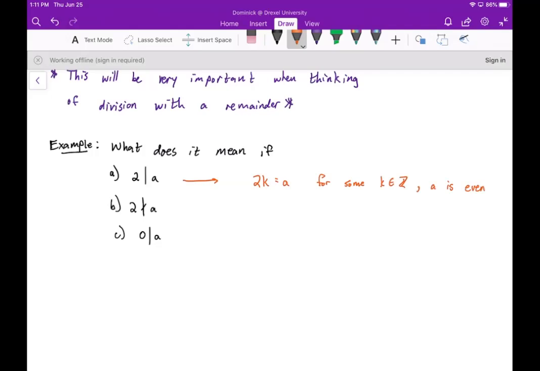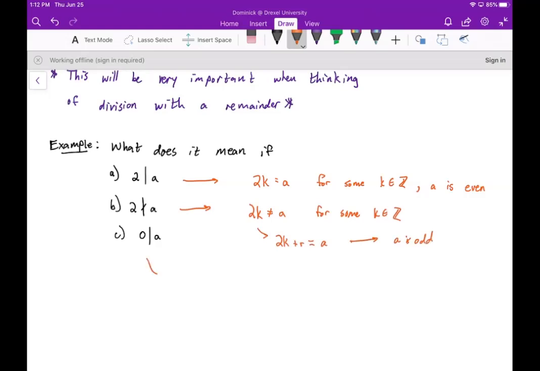Now if 2 does not divide a, on the other hand, that means that 2k is not equal to a for any integer k. This means that you could have something like 2k plus r is equal to a, and in this case your r would have to be 1. So this shows that, long story short, a is odd.